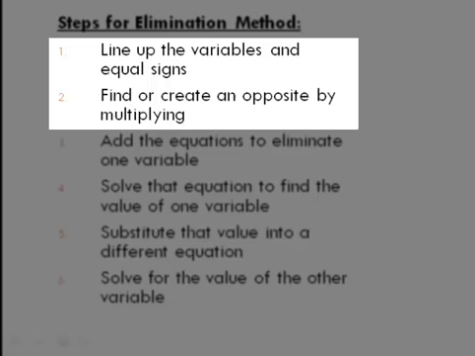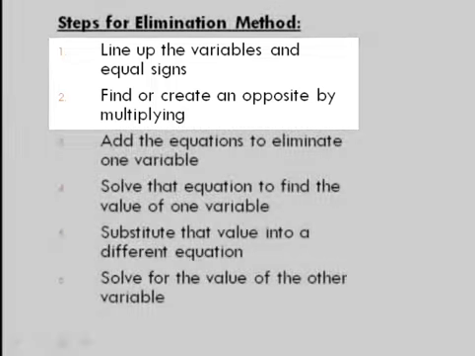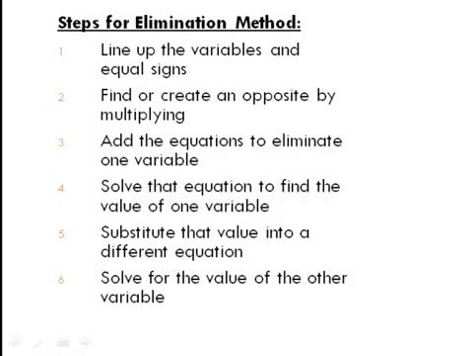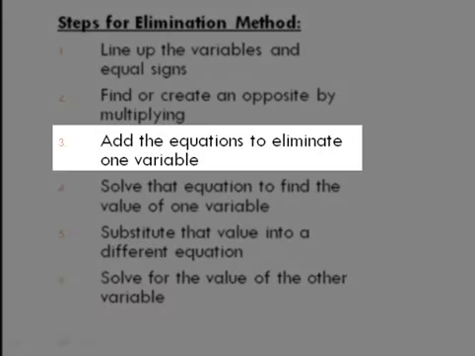Second step is to either find an opposite, or if there isn't an opposite in there, we can actually create one by using a multiplication trick. Once you have opposites, then you can move to step 3, which is to add the equations together, and that will eliminate a variable. A lot of students tend to get too carried away and add things up too quickly, and that doesn't accomplish anything if you haven't made an opposite yet.